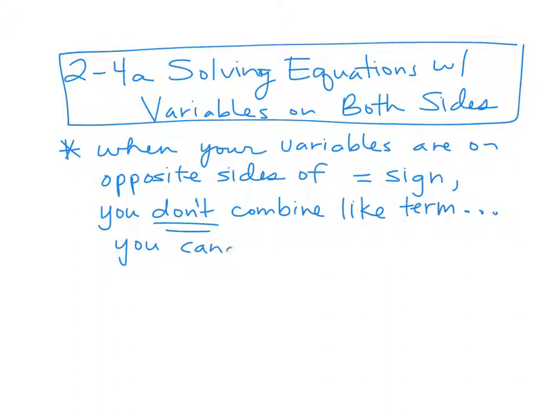You cancel them out on one side. Okay? This is huge because if you do this wrong, you will get a wrong answer every single time. Okay? We are not combining like terms if the variables fall on both sides of your equal sign. Let me show you what I mean.